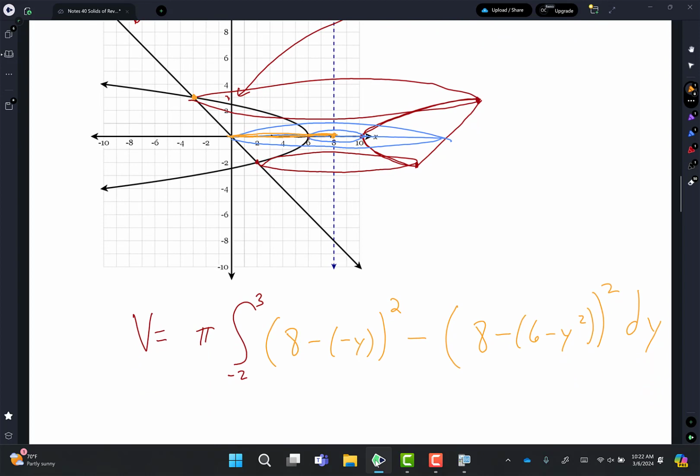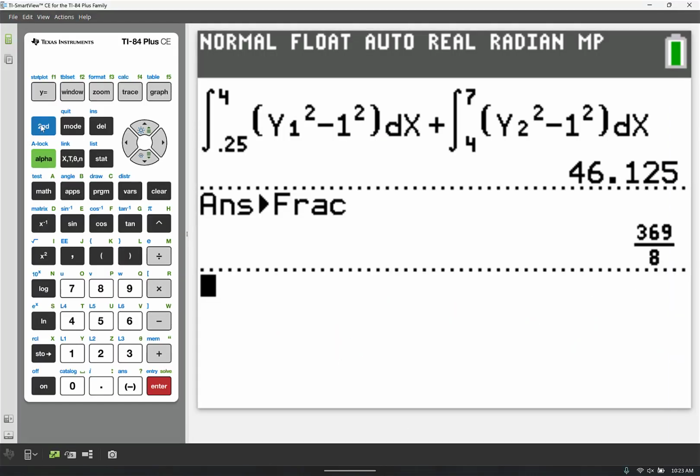All right. You're okay to use a calculator. Just because it says negative y, remember it's a dummy variable, guys. So here we go. Pi, math, 9, from negative 2 to 3.